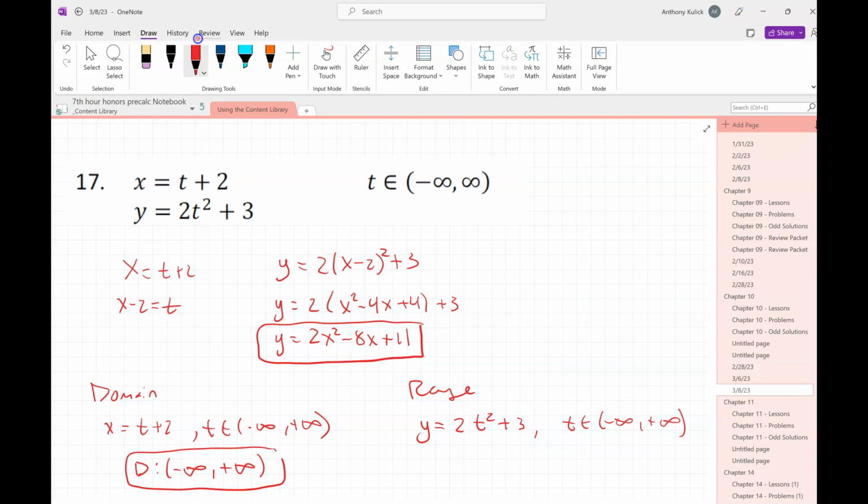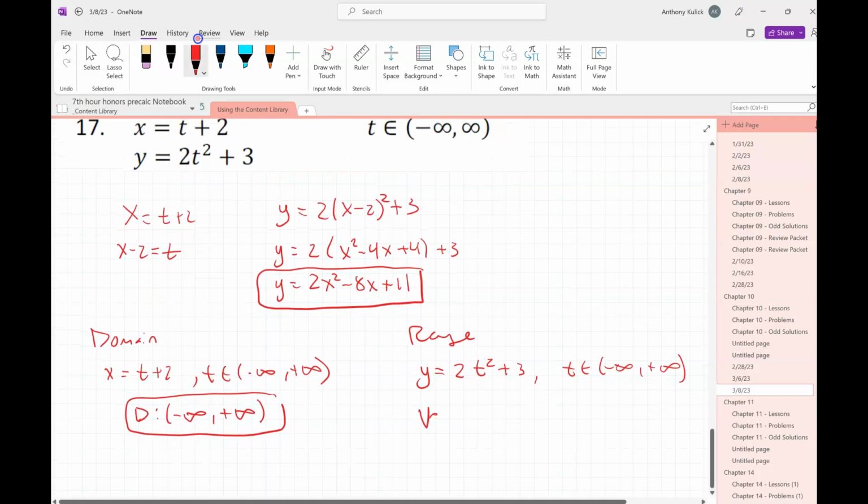It's going to either go from negative infinity up to the vertex, or it'll go from the vertex up to positive infinity, right? The range will be one of those two. I can tell by looking at it that this is a parabola that opens up because the leading coefficient is positive, so it's going to be the vertex to positive infinity. I just need to figure out what the y-coordinate of the vertex is.